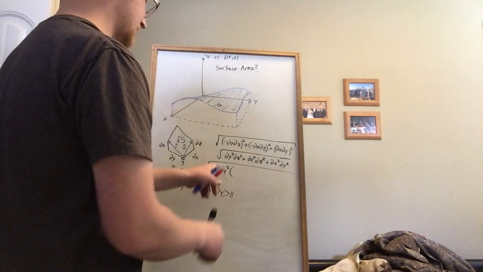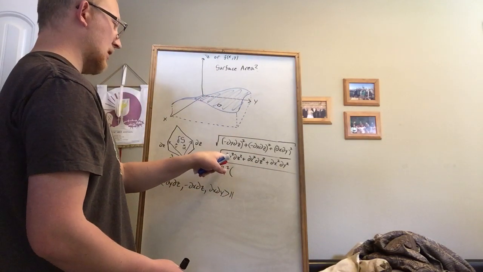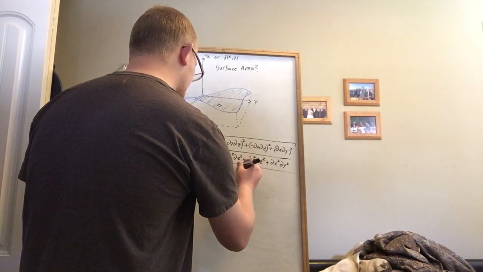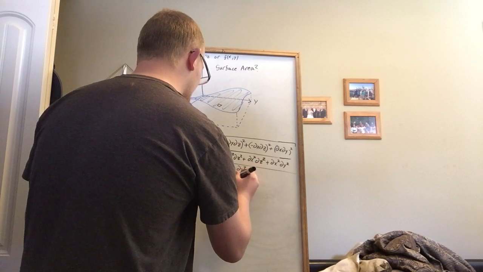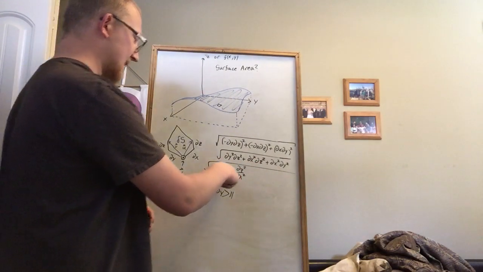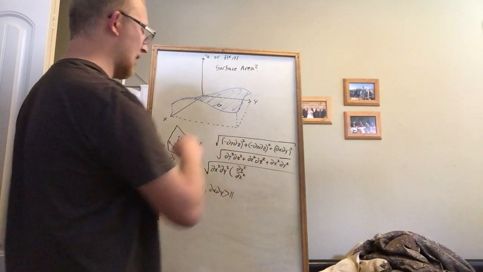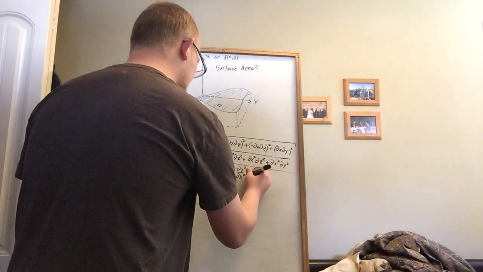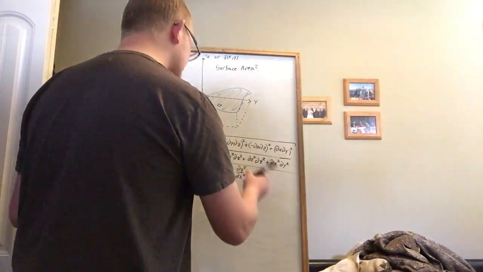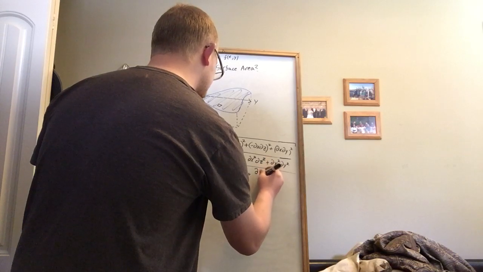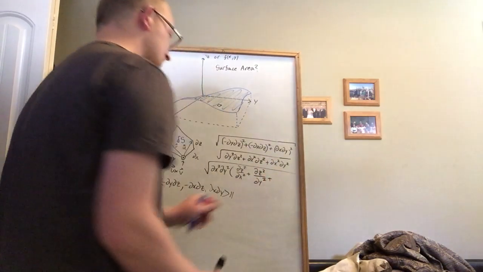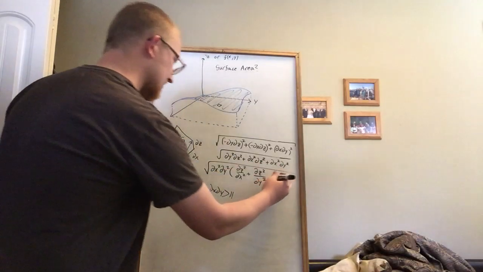If we pull out a dy squared, then this is going to go away, and what we'll end up with here is dz squared over dx squared. Feel free to pause and prove that to yourself, because the dx squareds cancel and you're left with dy squared dz squared. And then on this one, if we pull out a dx squared and a dy squared, what we end up with is dz squared over dy squared. And then of course we pulled out a dx squared and a dy squared, so this is now 1.